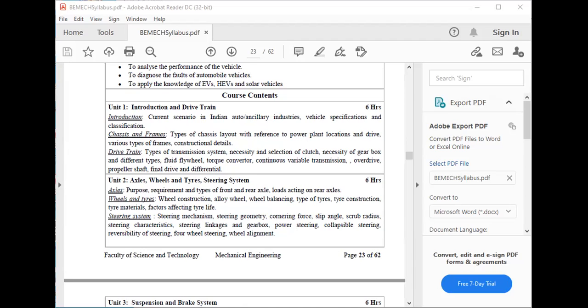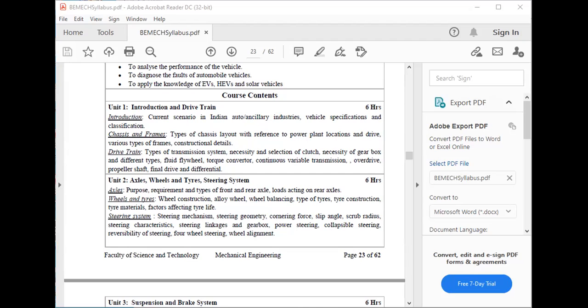Then a lot of applications are available in automobiles as well as different types of industries where these clutches are used. The basic principle is that whenever the vehicle is in running condition, this clutch is always in engaged condition. That is, this clutch is provided in between the engine and the gearbox.